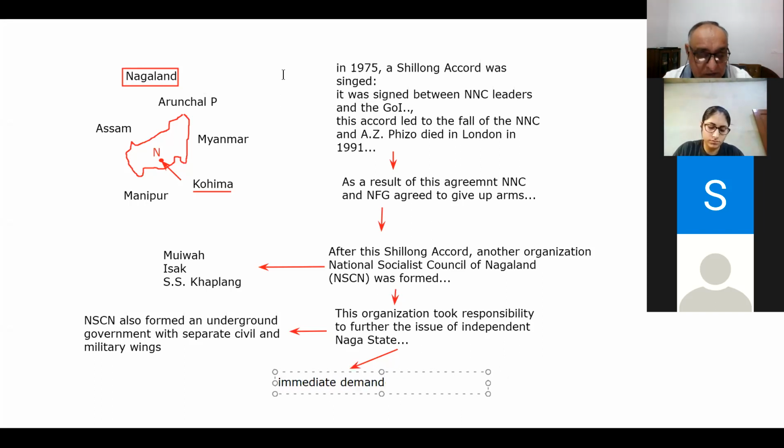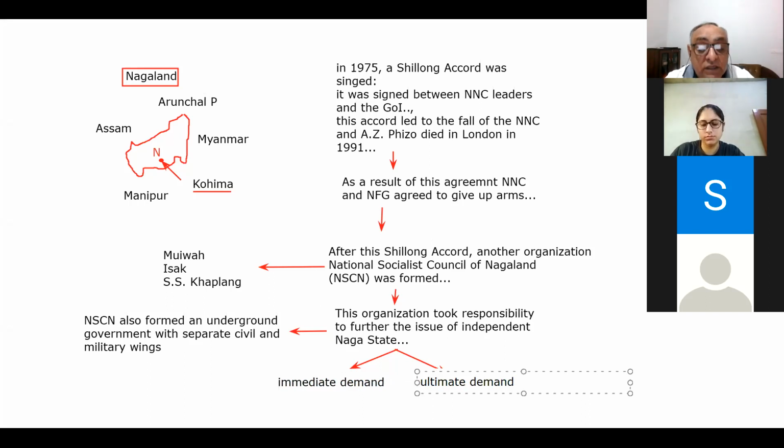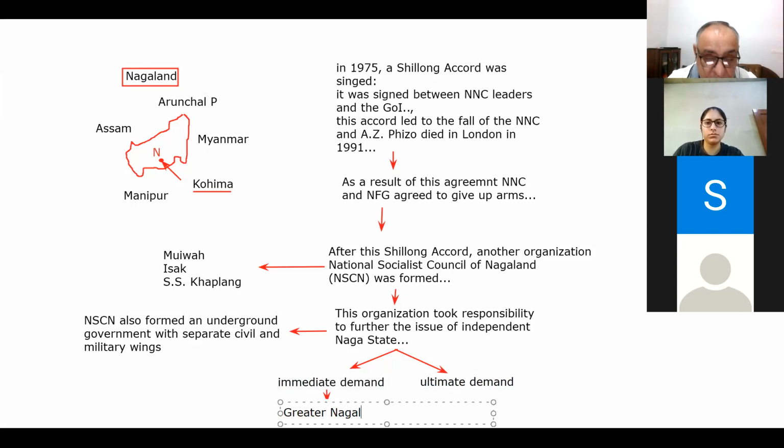As far as the immediate demand is concerned, that was to have a state called Greater Nagaland, within India. पहले तो वो कहते हमें आप ये स्टेट दे दो, Greater Nagaland, right?